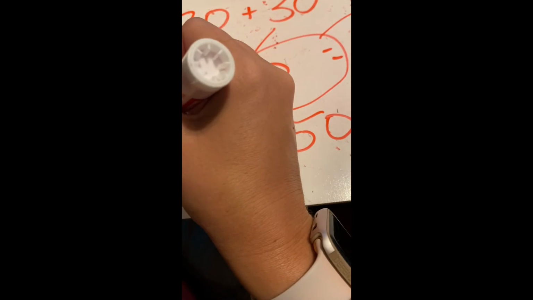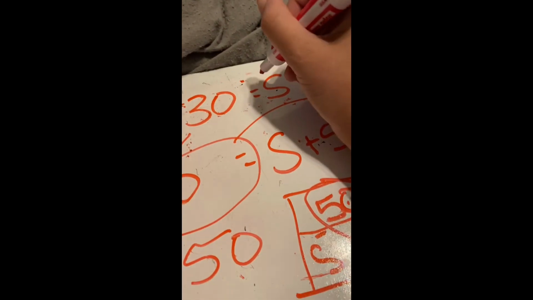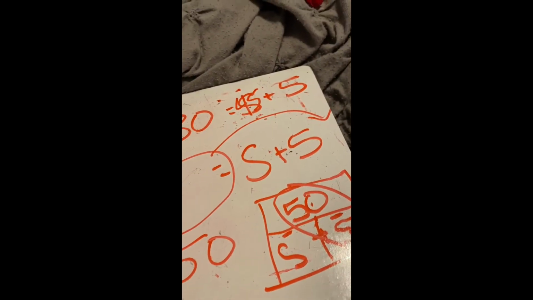So I will do what's in between my 2 numbers, 50 minus 5, and that equals 45. So 20 plus 30 is the same as 45 plus 5. I balanced my equation.